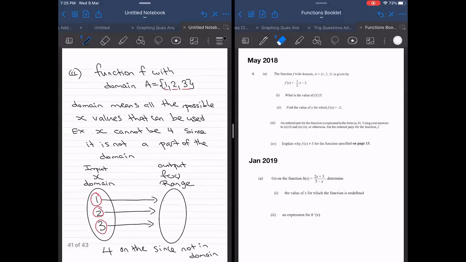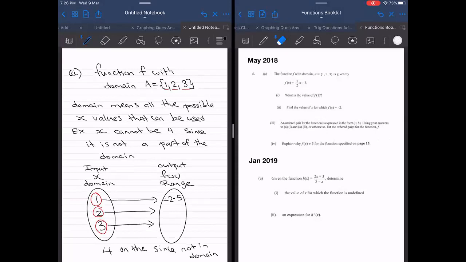But before I go any further, are you guys seeing it with the 1? So all this question was asking you to do is to write all the matching inputs and outputs, right? And how you would know the inputs is based on what they told you at the start, that a is the domain.